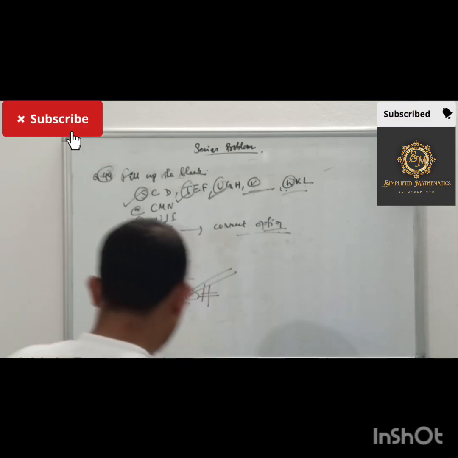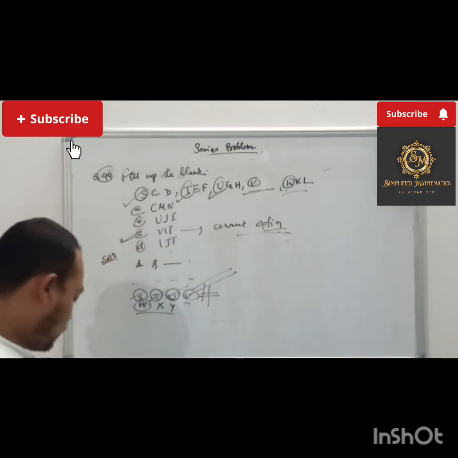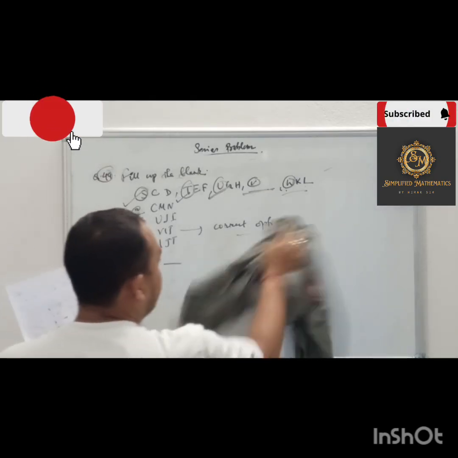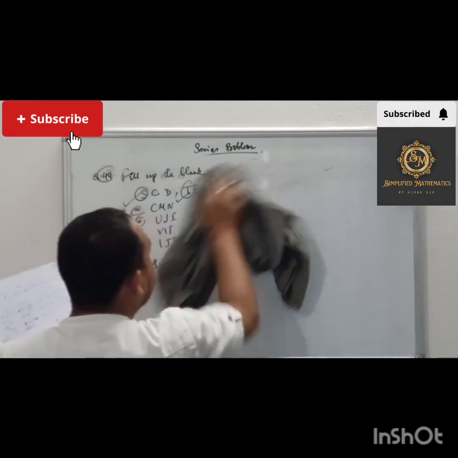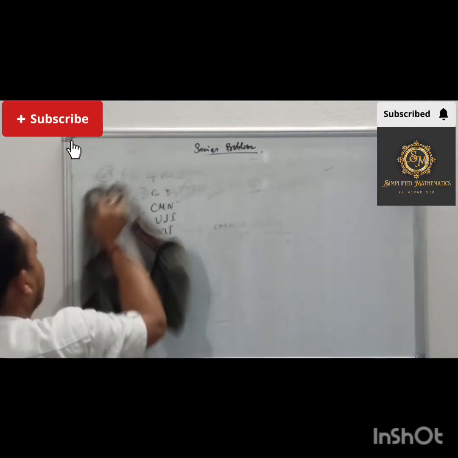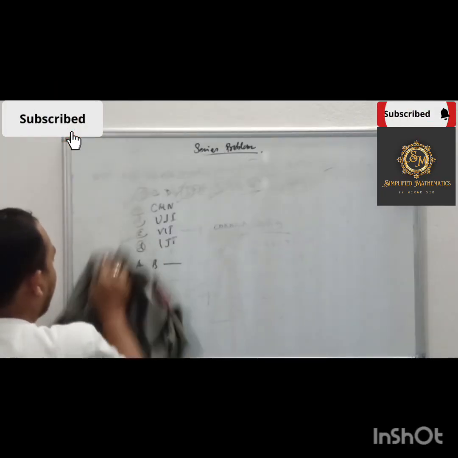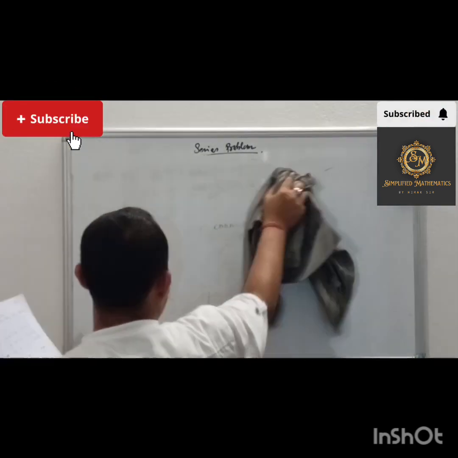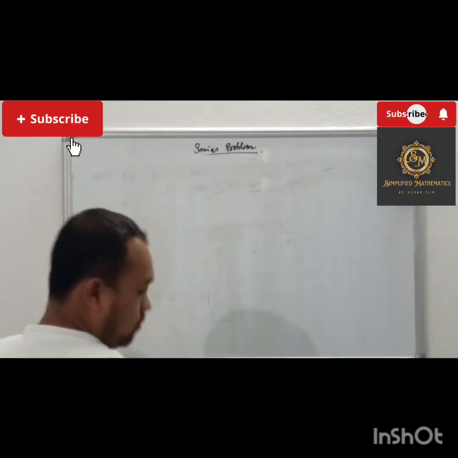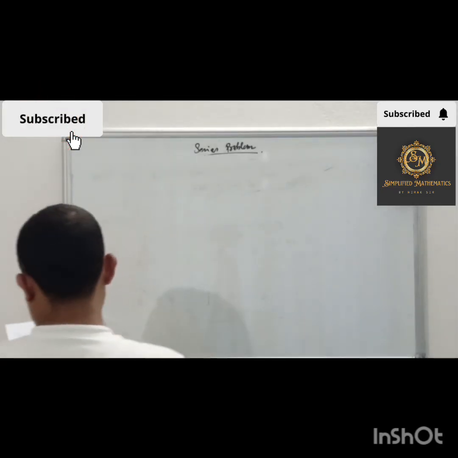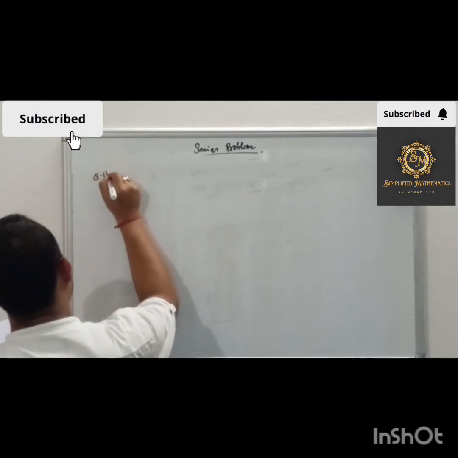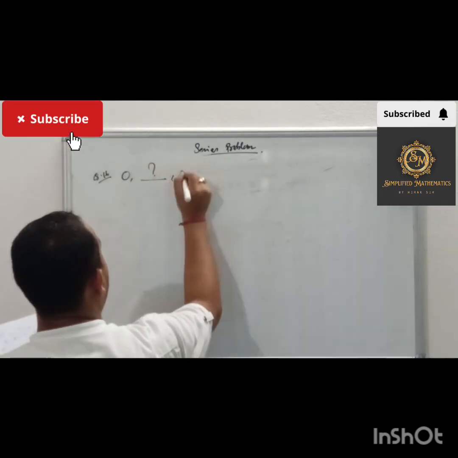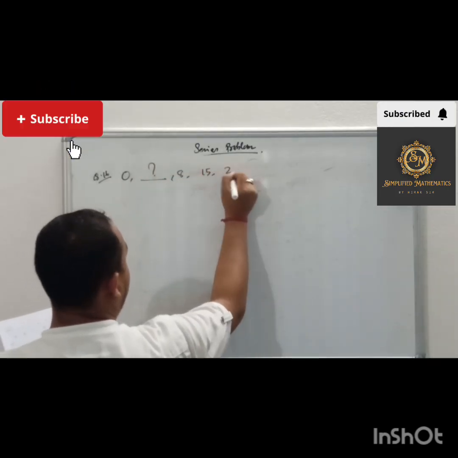So we are moving to the next question, and the next question is very interesting actually. Zero, we don't know, 8, 15, and 24.